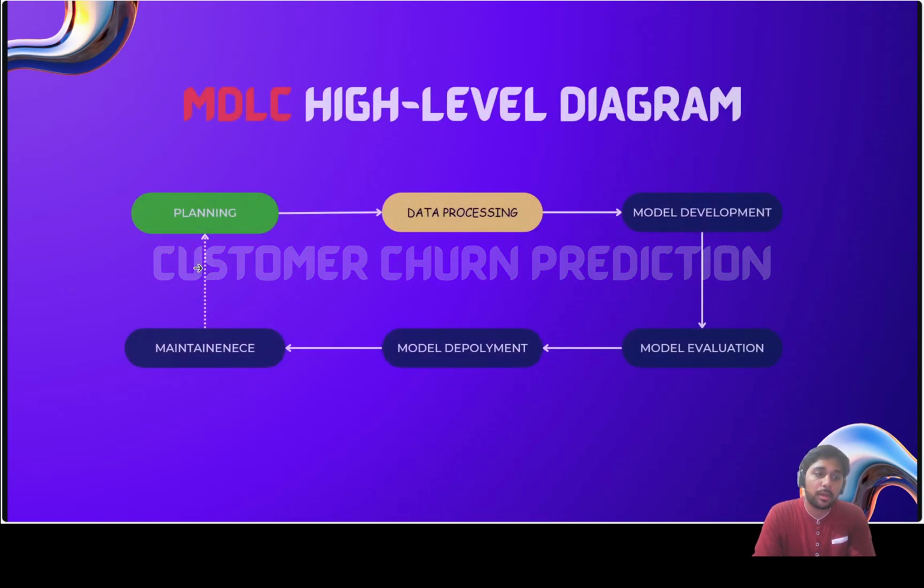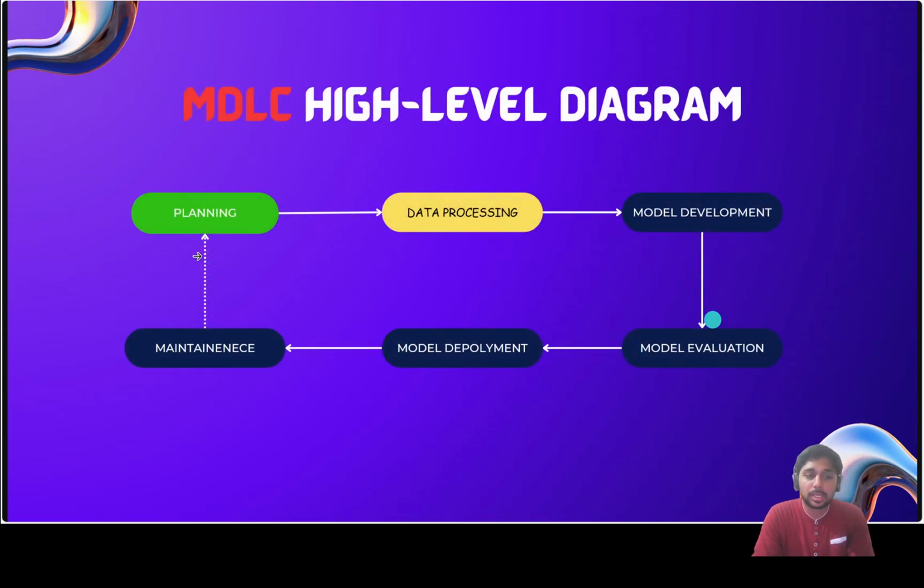So far we have finished the planning phase, and today we will try to fully complete the data processing phase, which is the second phase in the MDLC, that is the model development lifecycle.